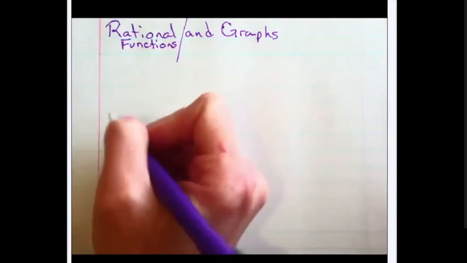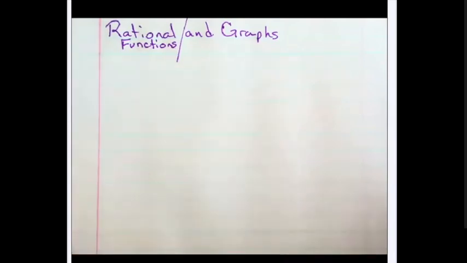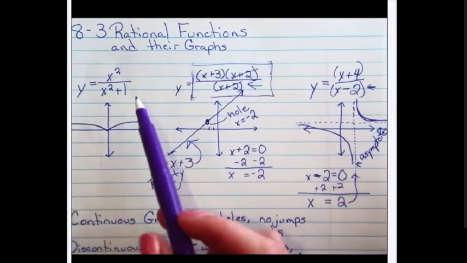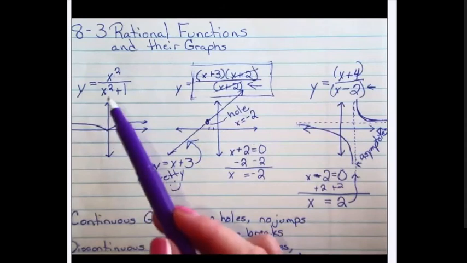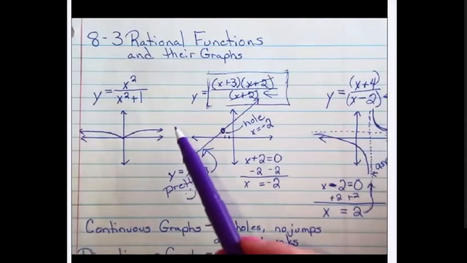But we talked a little bit at the end last time about what happens when you divide by 0. So if you were here last Monday, we talked a little bit about things that look like this. So what happens if you have x squared over x squared plus 1, and we had that funny looking graph with the dip in it.